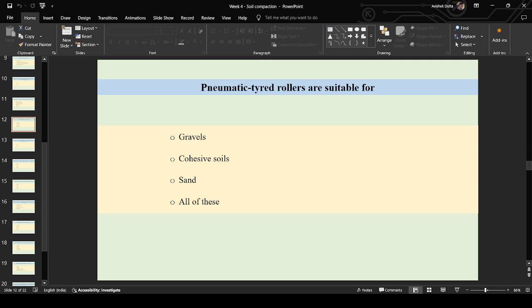Here I have asked whether these pneumatic tire rollers are suitable for.